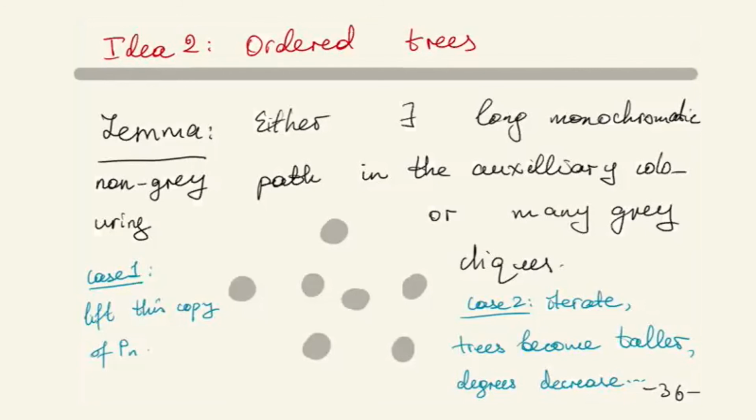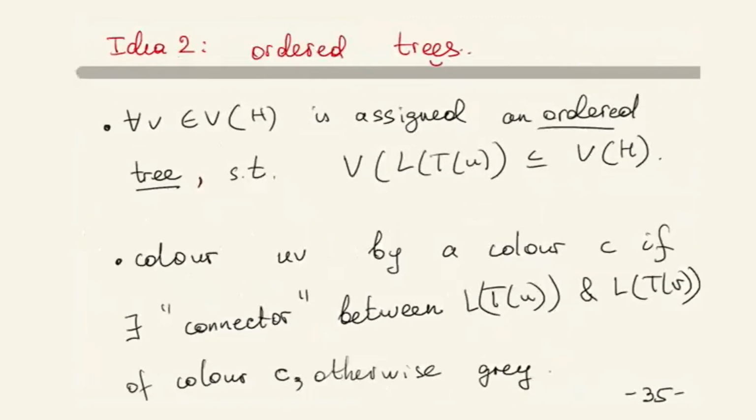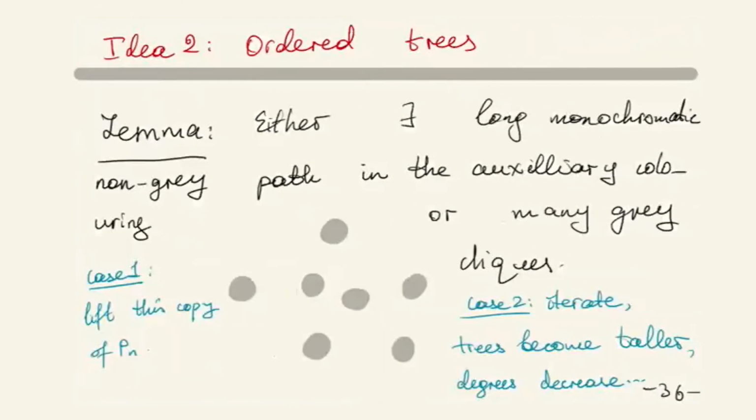Gray means that such a connector does not exist, that you cannot jump from one tree to another in a nice way.